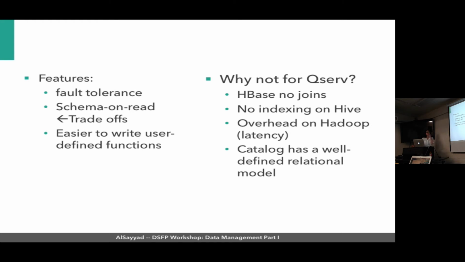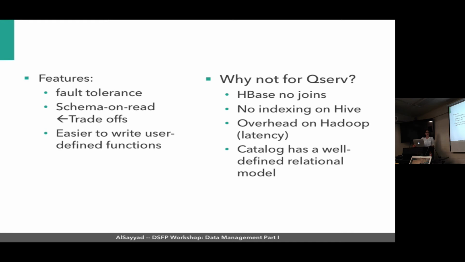A question we often get is why isn't LSST using one of these systems? There's not enough database functionality at the moment. We need joins, we need indexing. To run it as a Hadoop job, there's an overhead to starting the job, and so we wouldn't get the same super low latency for these spatial seek queries that we want.